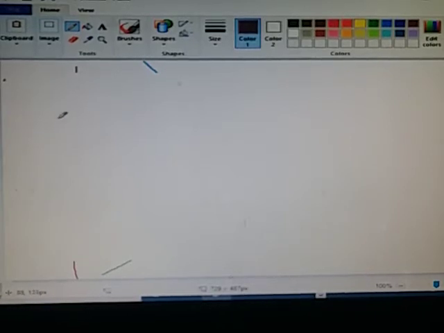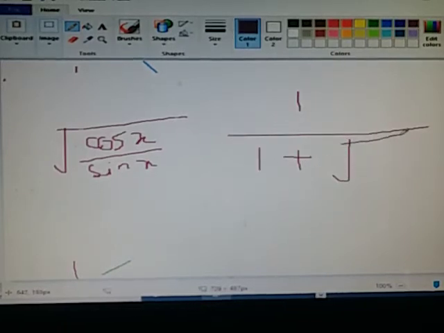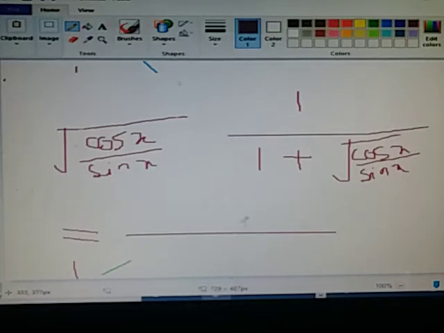So this is cot x. Cot x means cos x by sin x. So when we write 1 by 1 plus root over cos x by sin x, after simplification you can make it root over sin x.